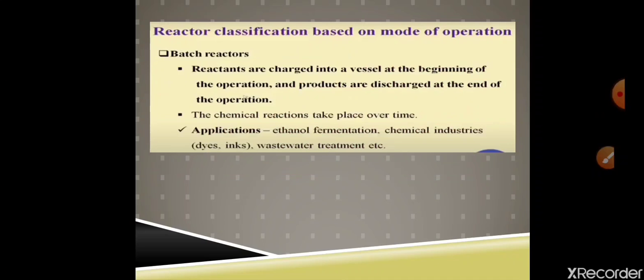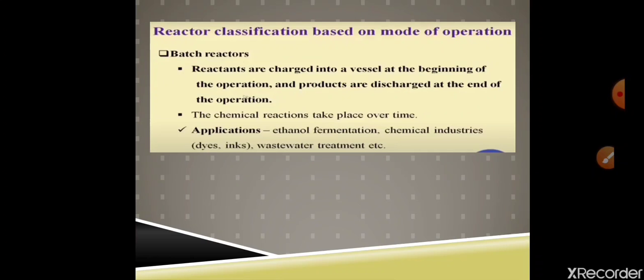Now reactor classification based on the mode of operation. I told you the batch reactor is the most ancient, the old type of reactor, which is basically easy to operate because you take the raw material at a time, let the reaction take place, and after the reaction is over you take out the material.